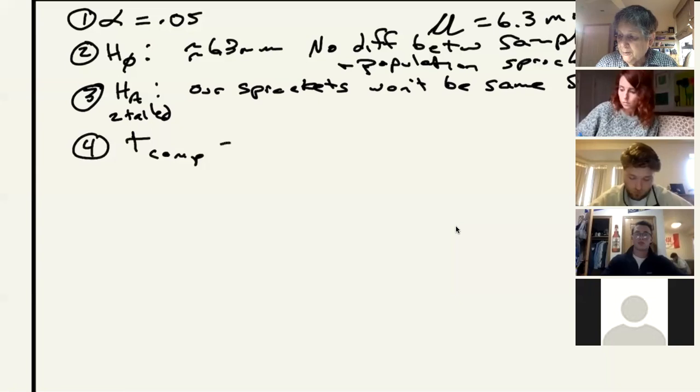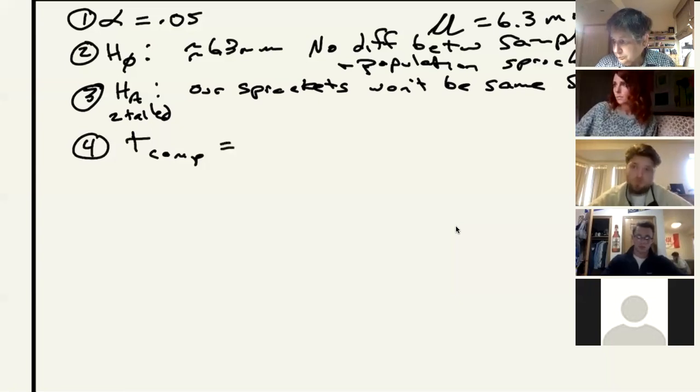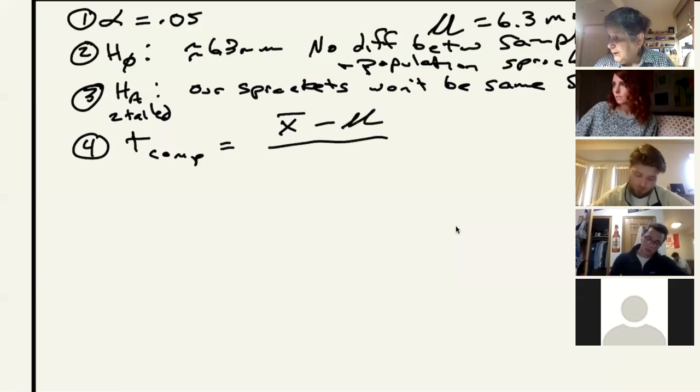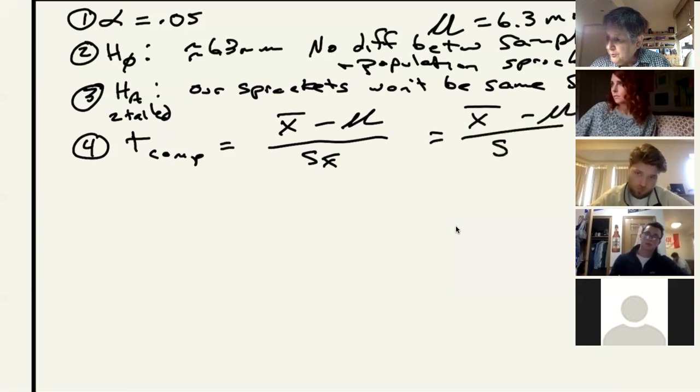So t computed is the sample mean minus the population mean, divided by the standard error, which is the sample's standard deviation divided by the square root of n.